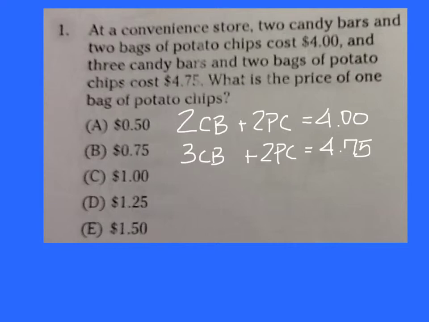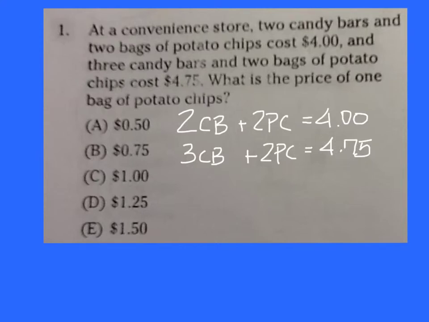So if I had this here, what I can get from this is that 2 of each is $4, but what's different on this equation here? Yeah, there's an extra candy bar and the price goes up by how much? So it's 75 cents.